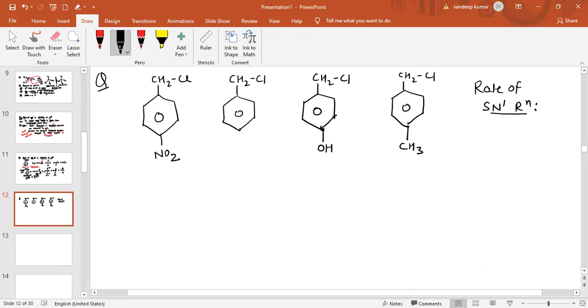First of all, identify the groups. After removal of the leaving group, the carbocation obtained in all cases is the benzyl carbocation.